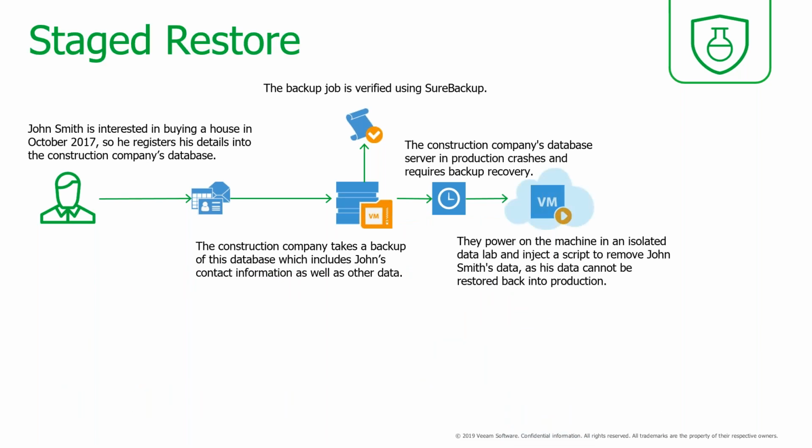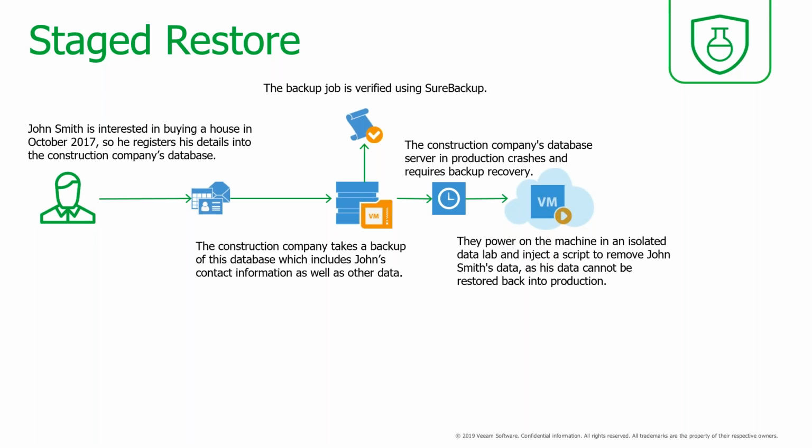So for staged restore, let's say that in October, John Smith registered. In November, he decided to have his name taken out. He bought a house already, so now he doesn't need that information in there. So he acts on his right to be forgotten by this company. Then we power on that machine in an isolated lab, and we can inject a script to make sure that John Smith's information is no longer in that database.